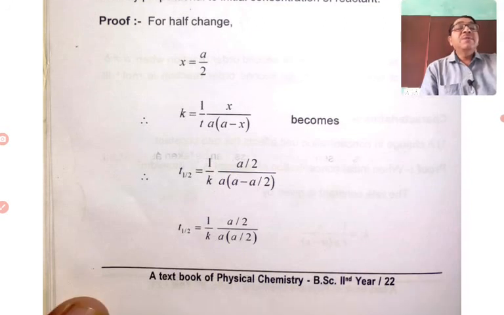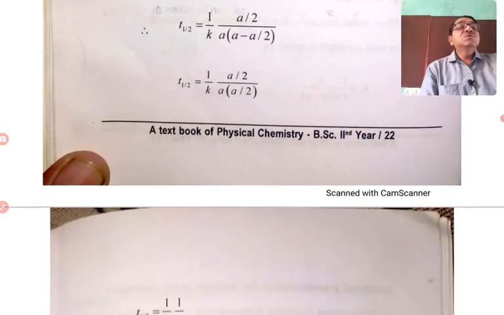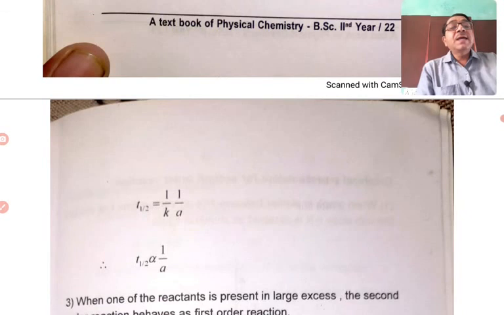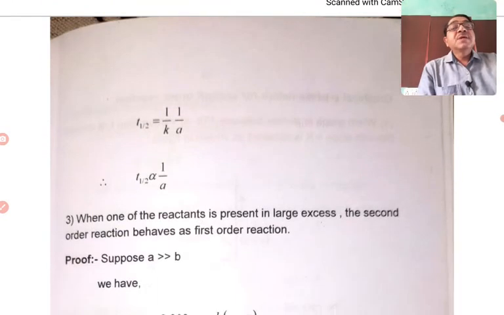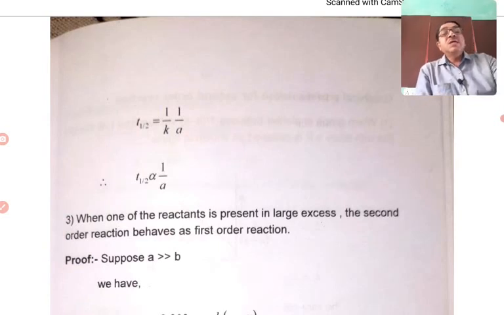So when we simplify it, t half is equal to 1 upon k, (a divided by 2) divided by (a into a divided by 2). So after simplifying, t half is equal to 1 by k into 1 divided by a, or t half is inversely proportional to a. So this is another characteristic part of second order reaction.